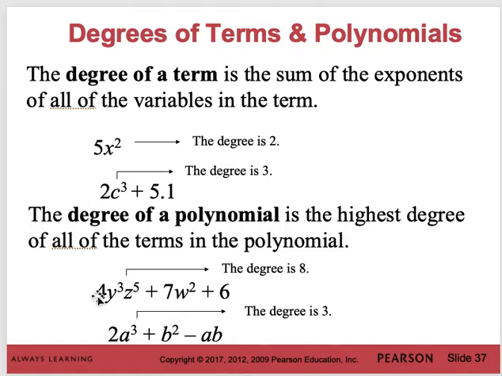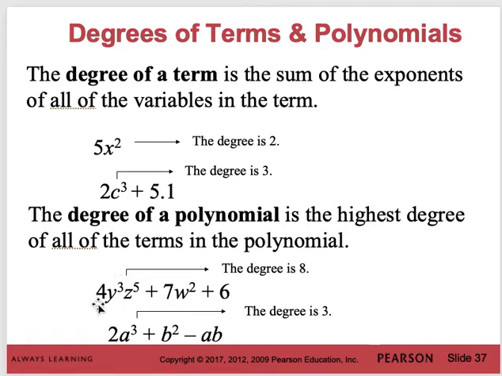The degree of a polynomial is the highest degree of all of the terms in the polynomial. So in this case, we have 3 separate terms. In the first term, we have a variable raised to the third power and a variable raised to the fifth power.